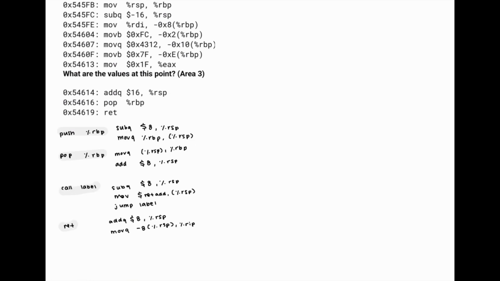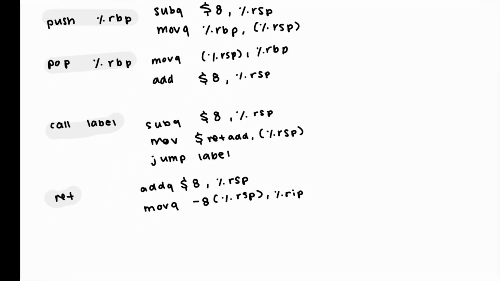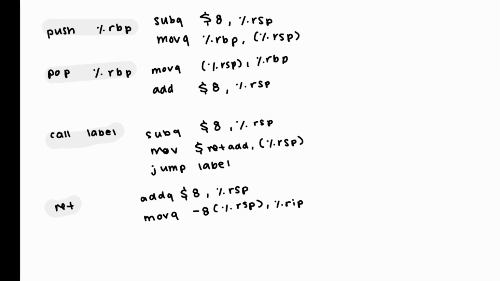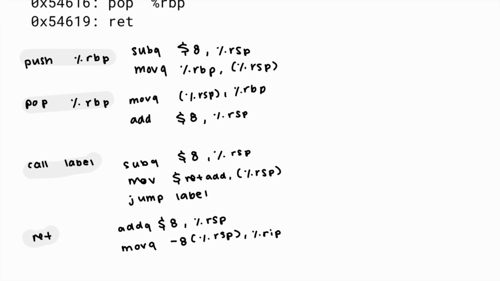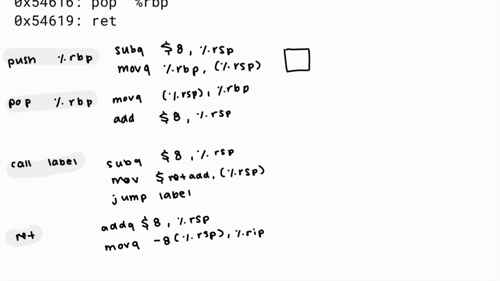Another important note, these are our instructions. So we have push, pop, call, ret. I'll go over how each of these work more in depth as we go through the problem. But you should understand that when we're pushing, we're going to make more space on the stack by subtracting RSP. So we know that the stack grows towards the lower memory address.